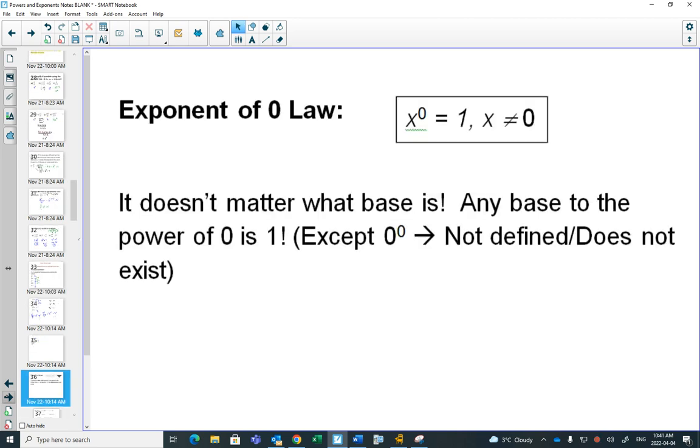But now, the exponent of zero law can be put into other questions, and it might just appear, and you just have to be able to deal with it as it appears. Okay? The only base that is not allowed is 0 to the 0.